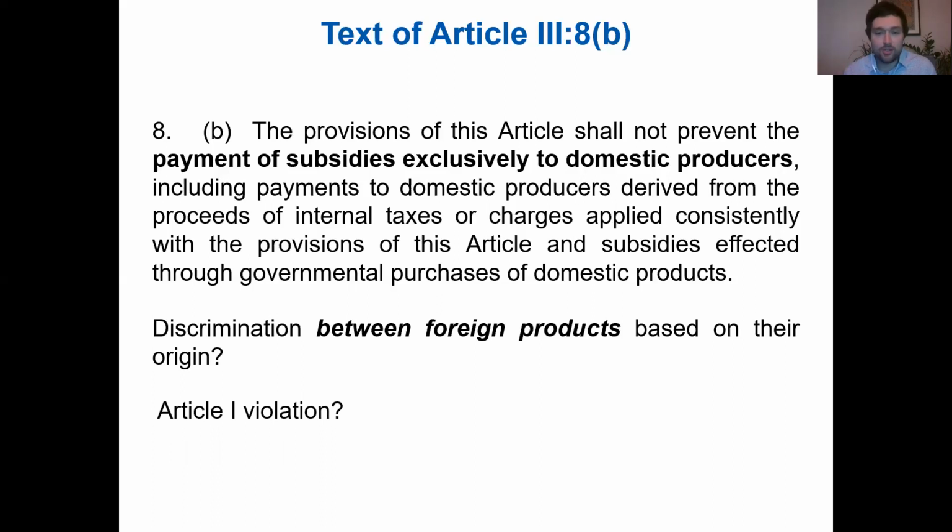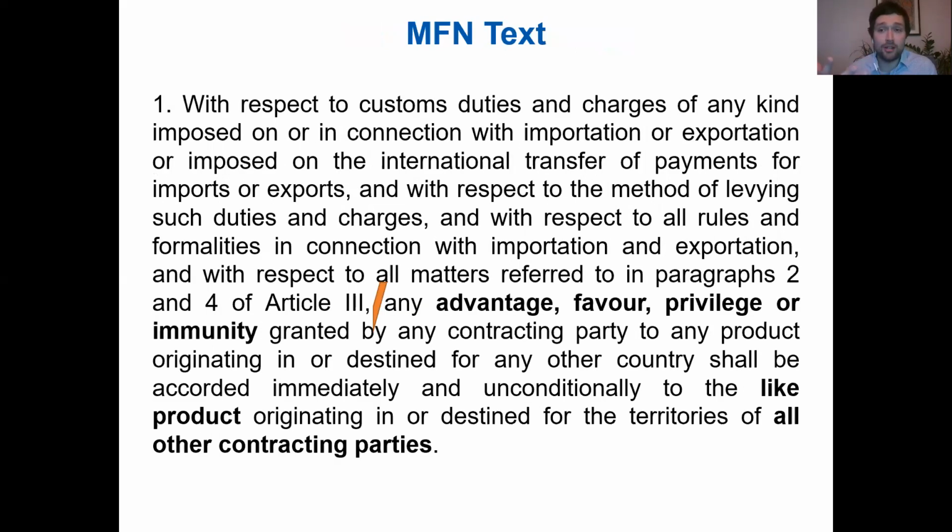You remember the text of Article 1. Let's get back to this text. Long, but again, I am just bringing you back to this very same slide that we were reading. We are saying that any advantage, favor, privilege, or immunity granted by one WTO member to any product shall be immediately and unconditionally provided, granted, accorded to the like product originating in all other WTO members.